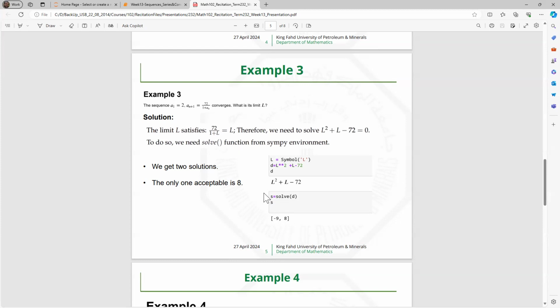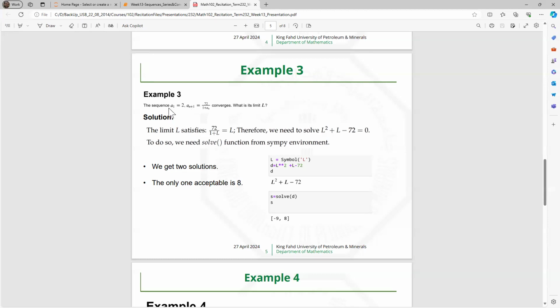Both solutions seem to be acceptable, but since the first term is equal to 2, one might say that a_2 would be equal to 72 over 1 plus 2, which is 72 divided by 3, which is 24.